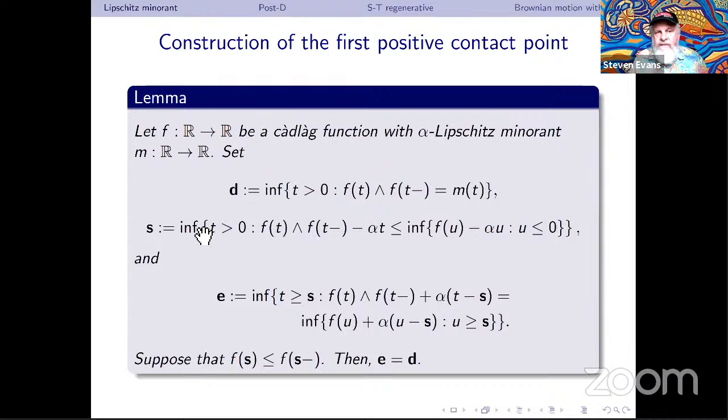Okay, and that's what this time S is here. It's the first time that the function f(t) minus alpha t is less than or equal to that infimum over negative times, sorry.